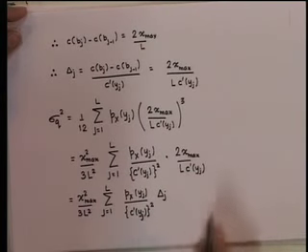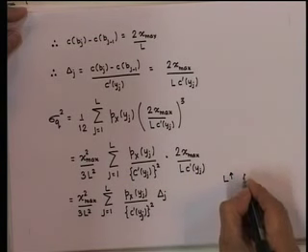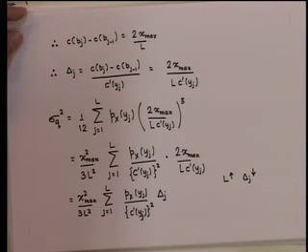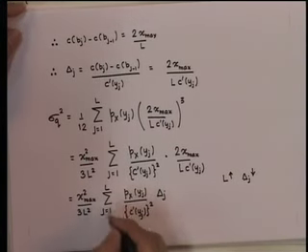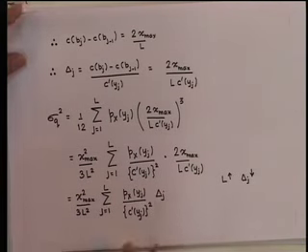Now, if we assume that L is high, then delta j will be small, and in that case we can replace this summation by integration as follows.